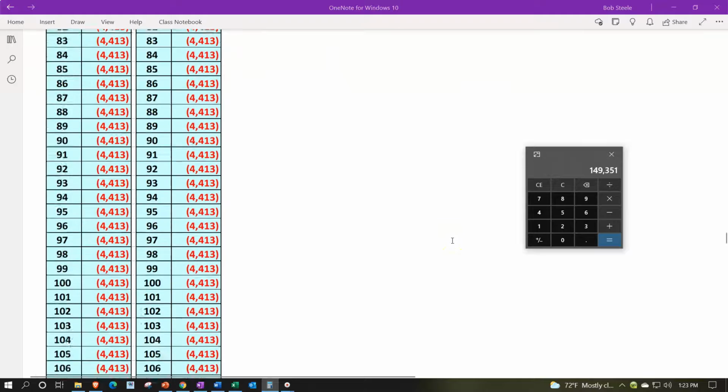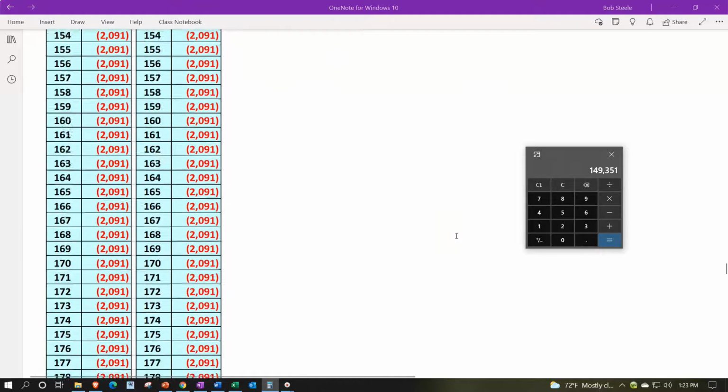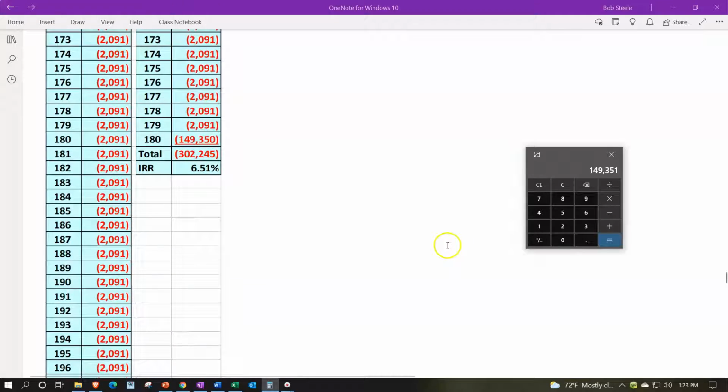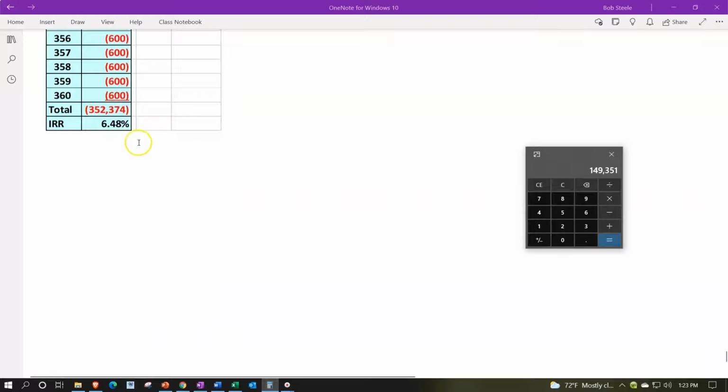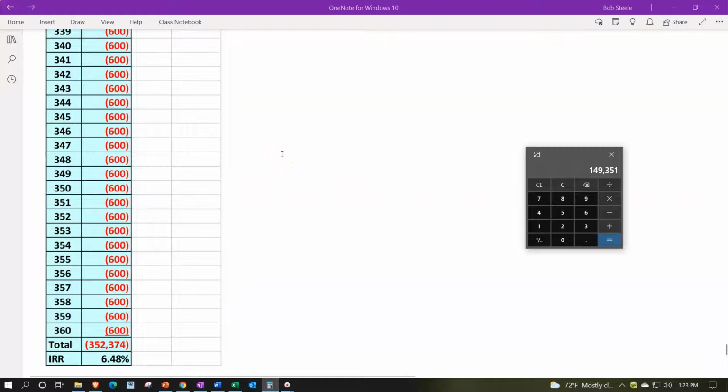The third loan had been paid off, so it's done at that point, and that's where we're getting the 249,350. Then we could total up the cash flow, and that would give us the 6.51 at the rate. So the 6.51 after the 15, which is it's 6.48, pretty close for the 30.